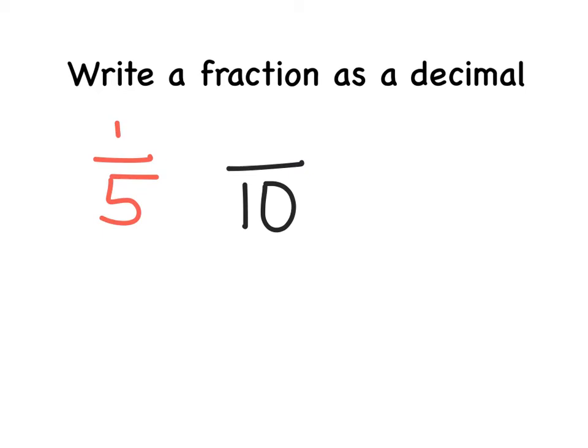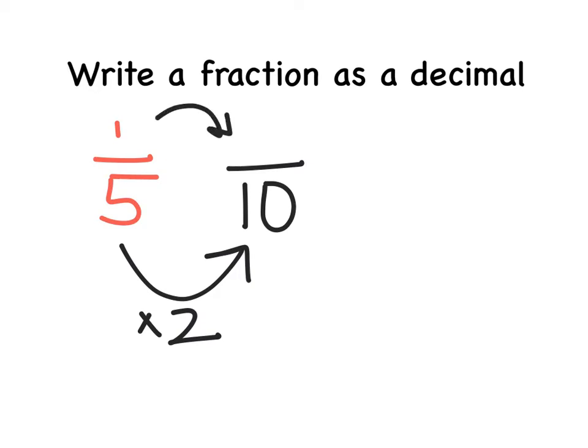In order to turn this fraction 1/5 into something out of 10, I need to figure out what I'm multiplying the bottom number, the denominator, by. To get from 5 to 10, I multiply the bottom number by 2. So you can make an equivalent fraction by doing the same thing to the top. If I multiply the numerator by 2, 1 times 2 is 2, I now have an equivalent fraction. 1/5 is the same as 2/10.